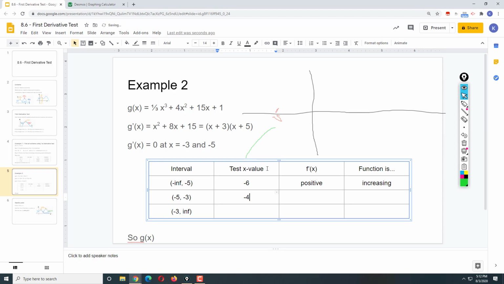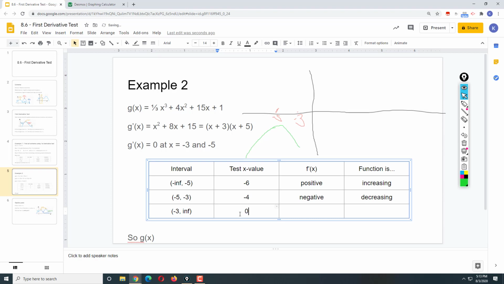Let's try -4. The derivative is going to be a negative number times a positive number, which is negative. So our function must be decreasing between -5 and -3. So if this is -5, this is -3, we know our function must be decreasing somehow, like this, when we sketch it. Next, from -3 to infinity, let's try 0.